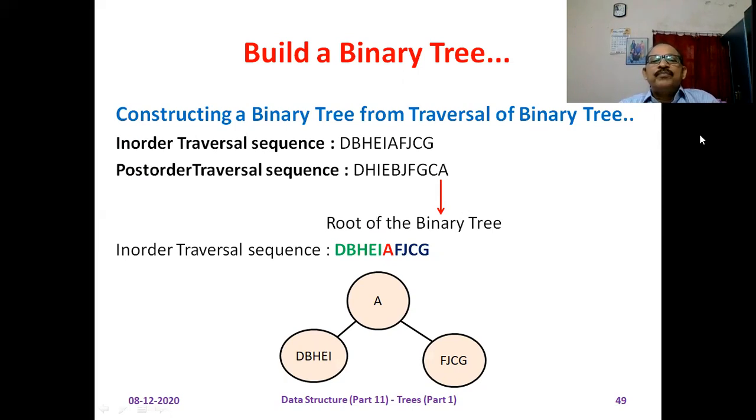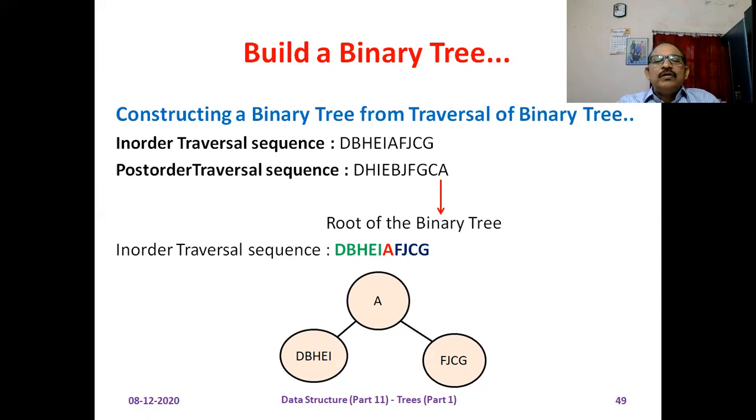You can see D, B, H, E, I are the left of A, and F, J, C, G are the right of A. Therefore, D, B, H, E, I belong to the left subtree of A, and F, J, C, G belong to the right subtree of A.